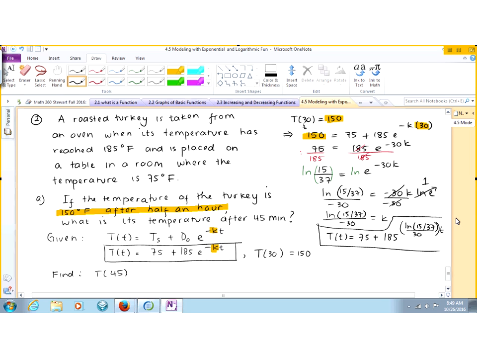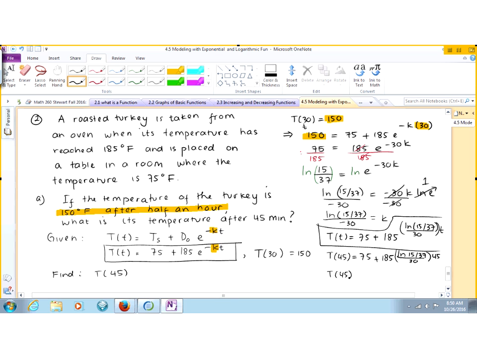All right. So can we answer the question? What is T of 45? We will just substitute. 75 plus 185, by the way, where did the minuses go? They cancel out, okay, good. 75 plus 185 e to the ln of 15 over 37, over 30, times 45.